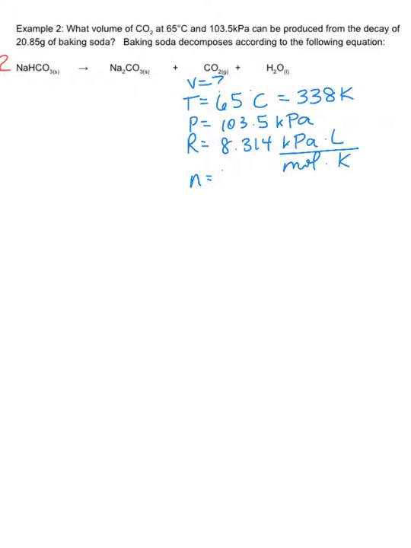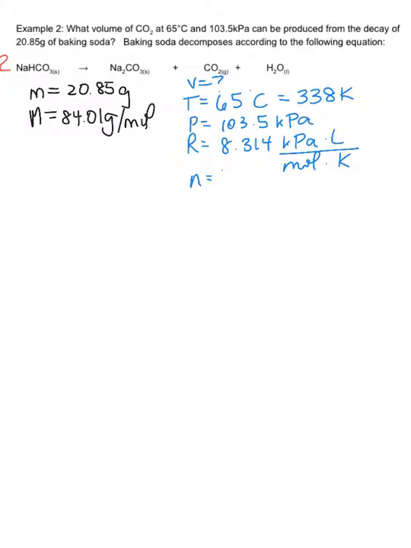So if I look at this question, I have the mass of baking soda is 20.85 grams. I can use my periodic table to figure out that the molar mass of my baking soda is 84.01 grams per mole.